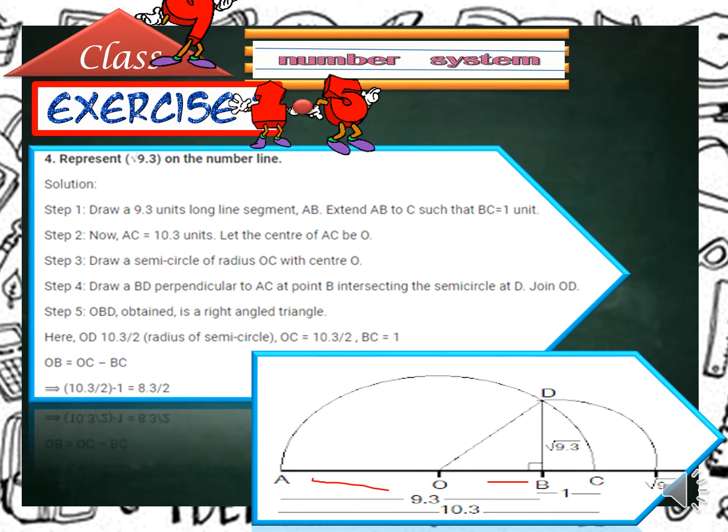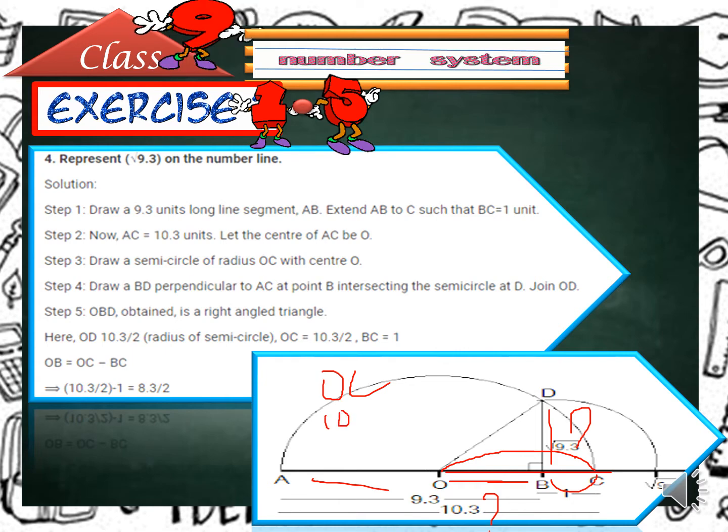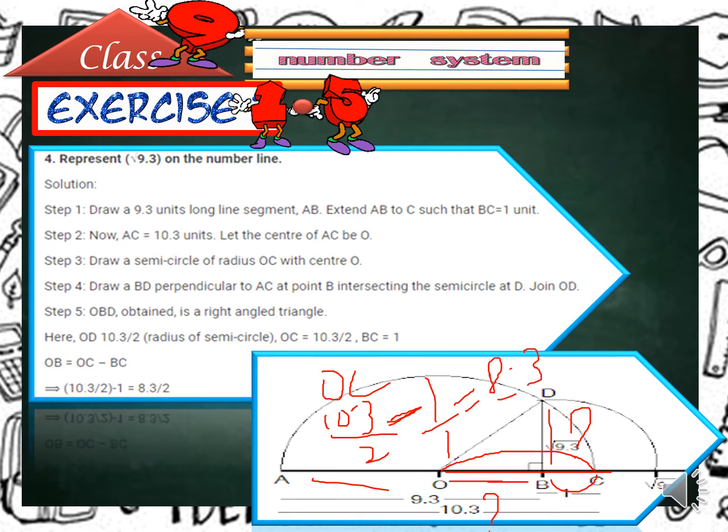For BD, you don't know the value, and OB, you don't know the value. So let's find OB first, which is easier. OC is equal to OB plus BC. OC is 10.3 by 2, BC is 1 centimeter, so let's have a minus symbol here. After taking LCM, we will get 8.3 by 2.